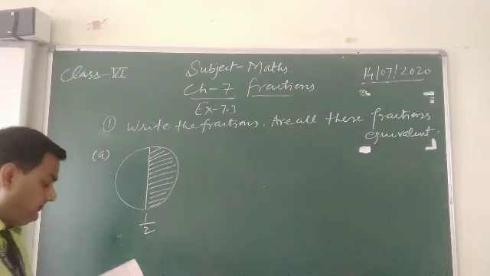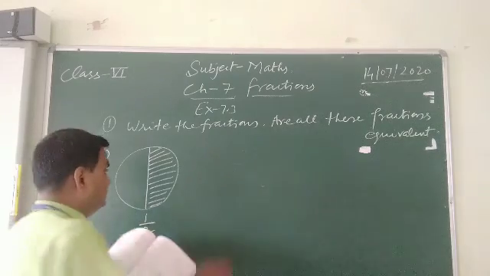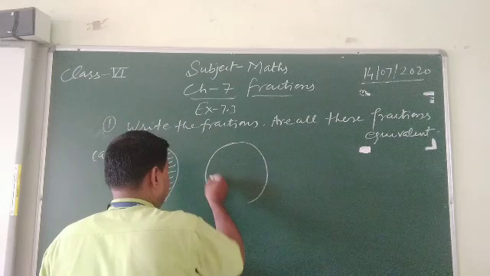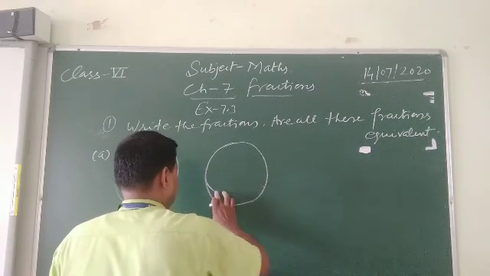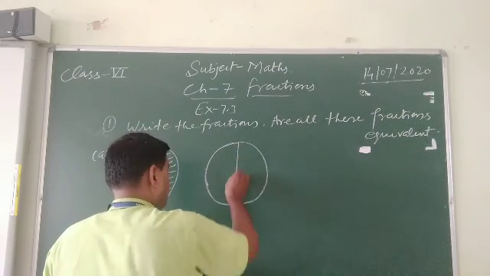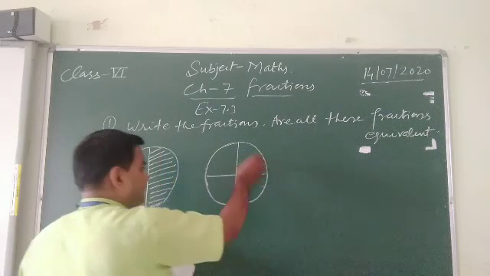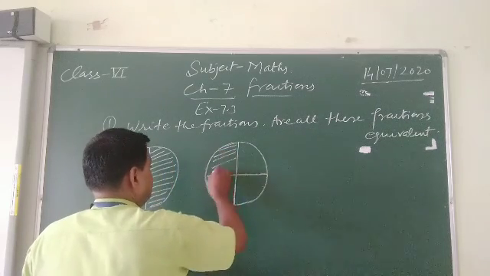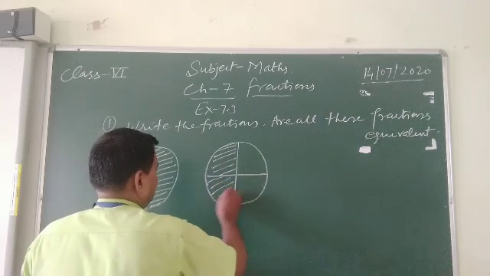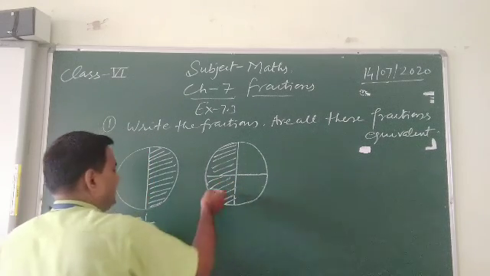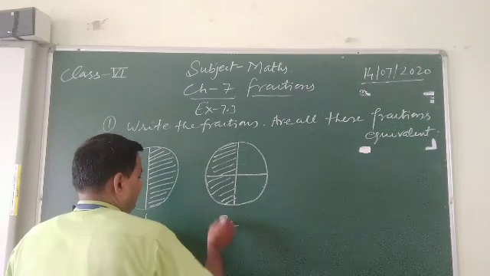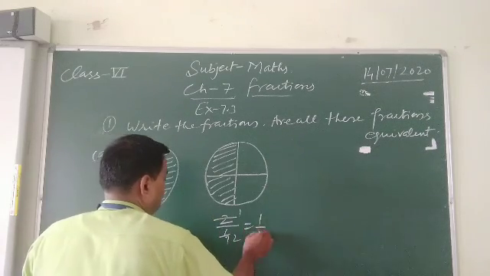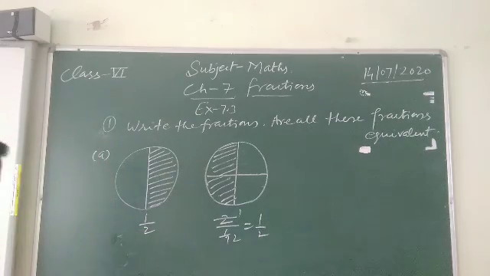Now second figure. Here there are 4 parts in which two parts are colored. So fraction is 2 upon 4 equal to 1 upon 2.